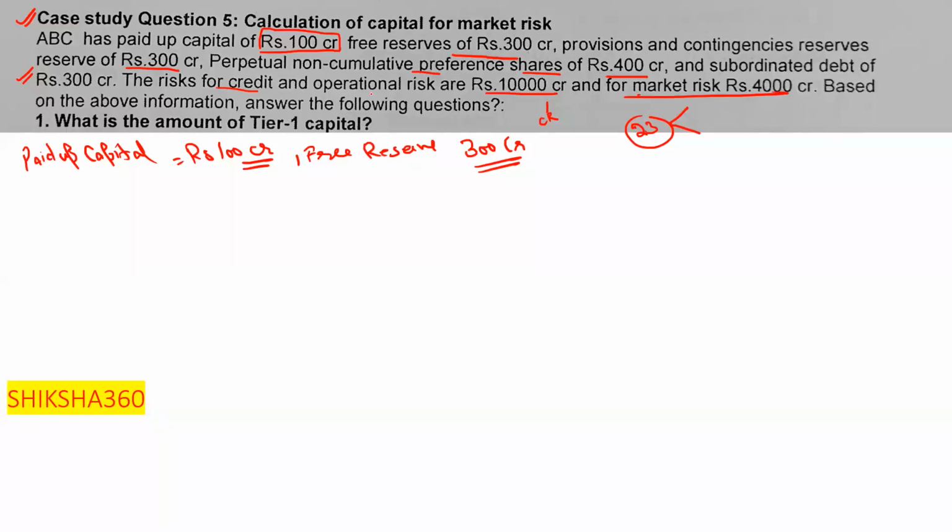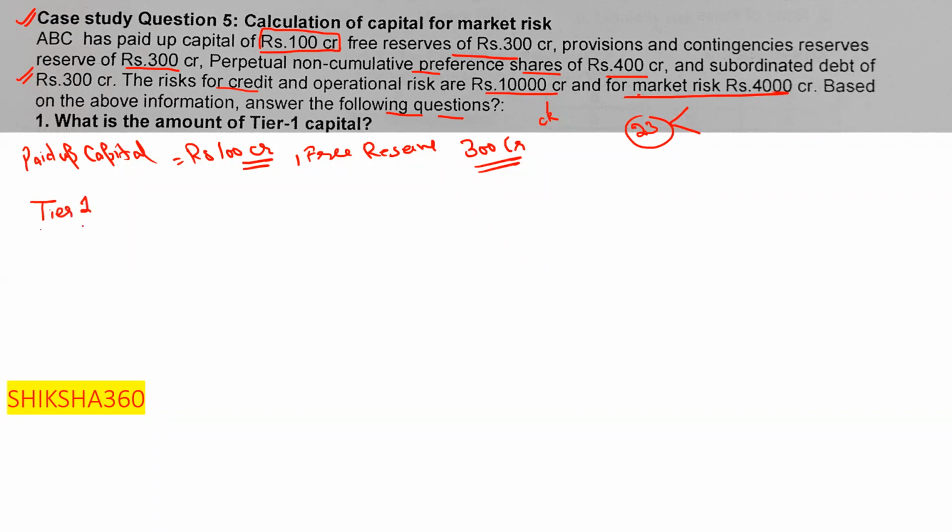Based on the above information, the first question I am asking is: what is the tier 1 capital? Let's calculate it. There are no options, because this type of question does not require options.